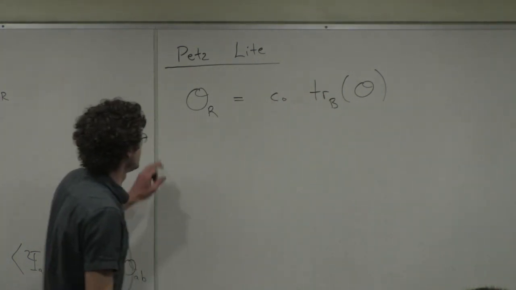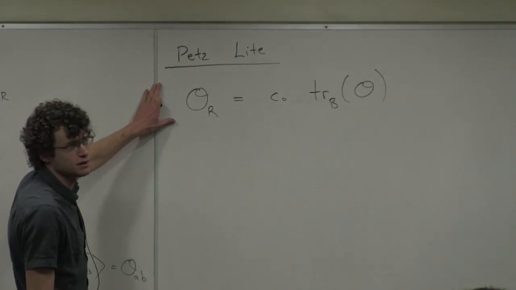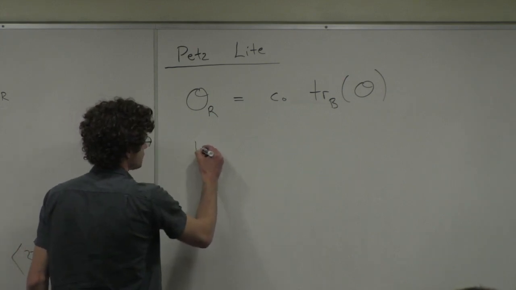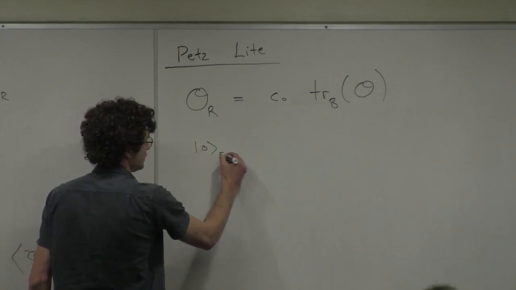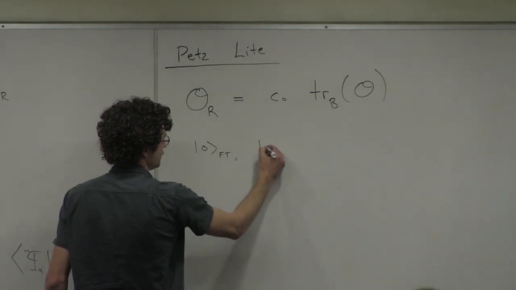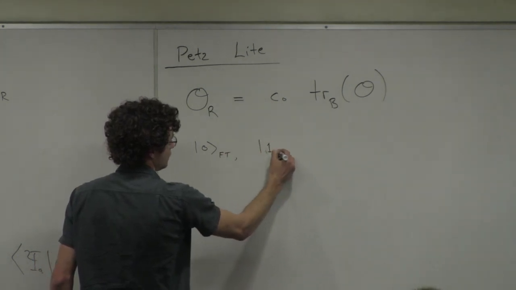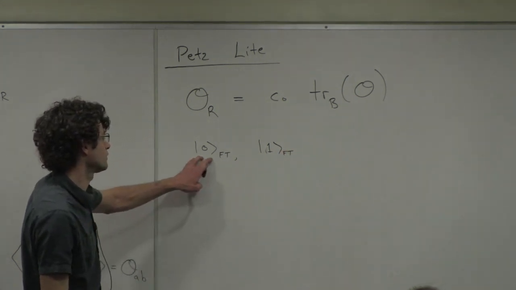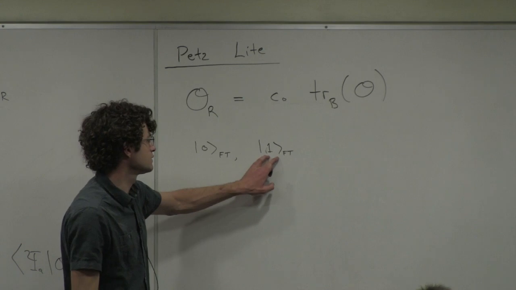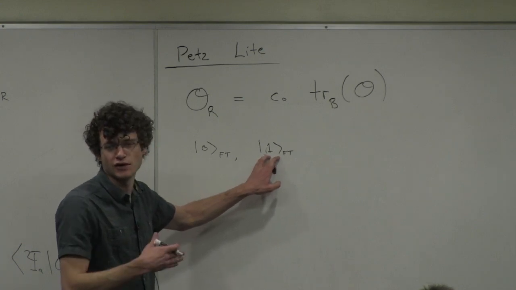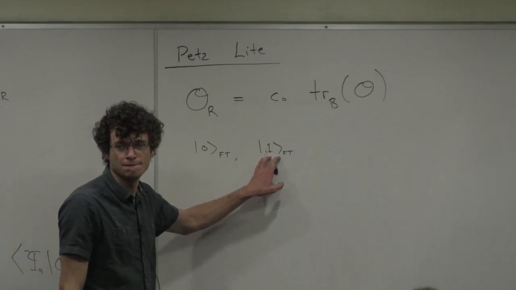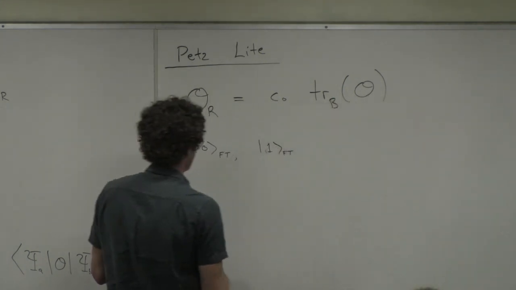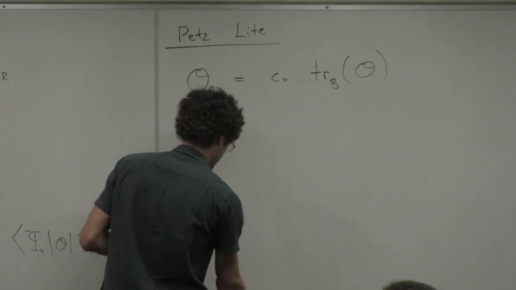So in the spirit of making this first pass simple, we're going to consider a small set of field theory states. Just two states, zero field theory and one field theory. This is a state of the bulk fields with no particles present, and this is a state of the fields with one particle present behind the horizon. So let me draw this a little better.